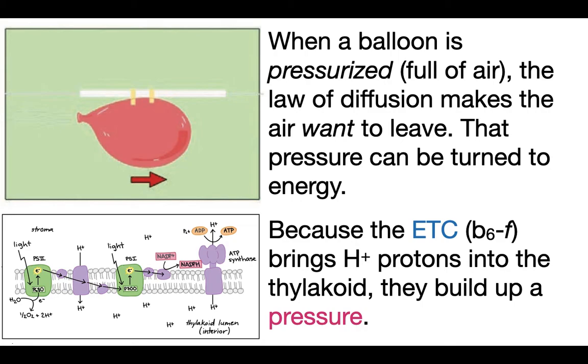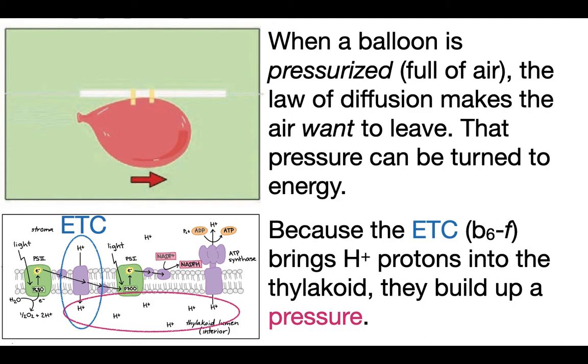Now, the balloon is full of air, which is mostly nitrogen, and here the thylakoid is getting filled up and pressurized with hydrogen ions, which is a different chemical, but the same principle basically applies. So that electron transport chain that I've just circled and labeled in the drawing is pumping ions into the thylakoid so that there's a lot of those ions stuck inside that thylakoid.